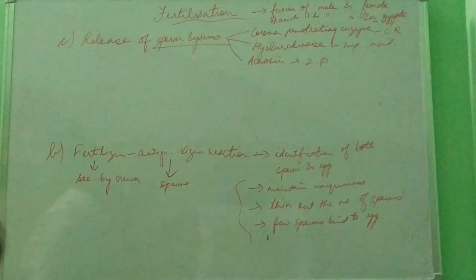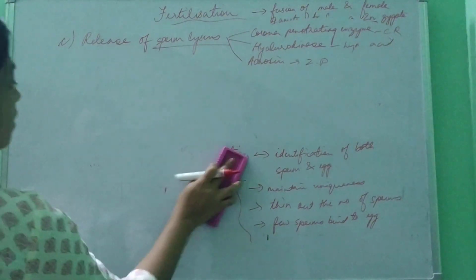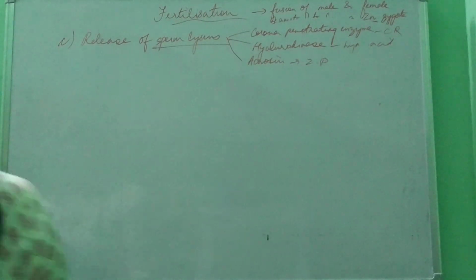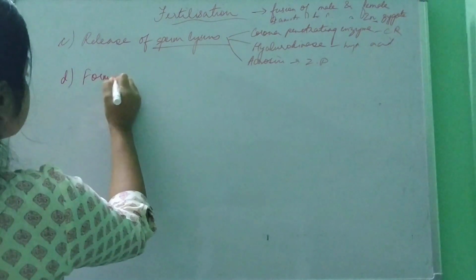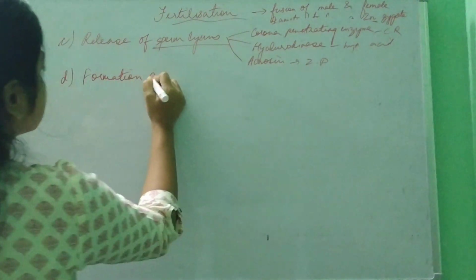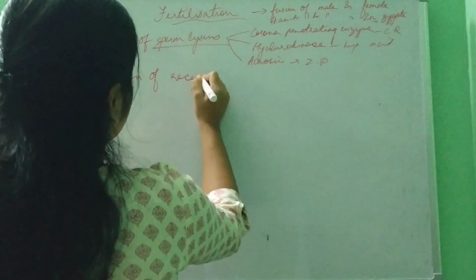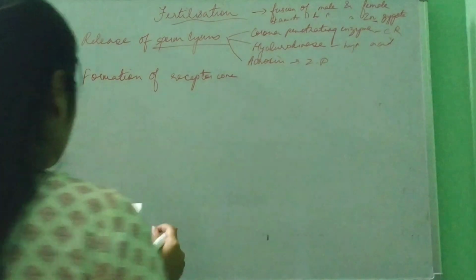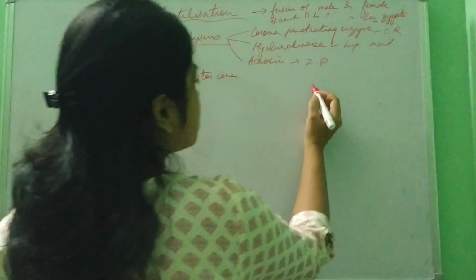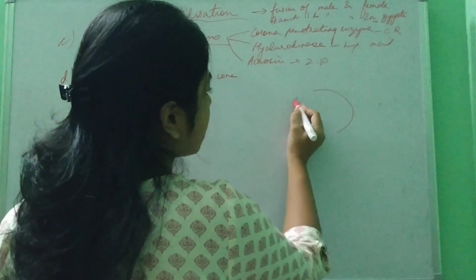Now, the next step is formation of the receptor cone. This is also known as the fertilization cone. Remember this is the egg.